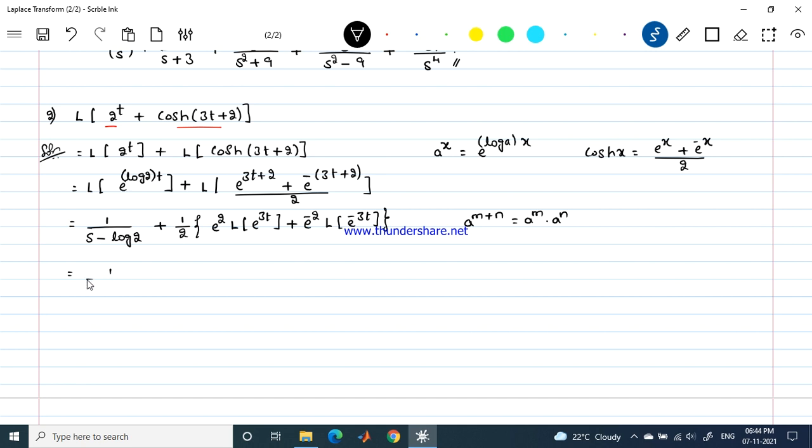So this is 1 upon s minus log 2 plus half times e square into Laplace of e power 3t, which is 1 by s minus 3, plus e power minus 2 times Laplace of e power minus 3t, which is 1 by s minus of minus 3, that is s plus 3.